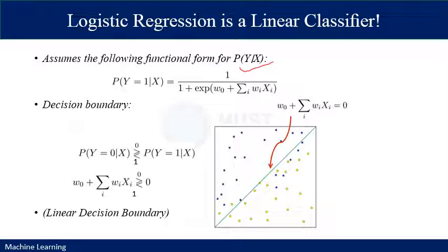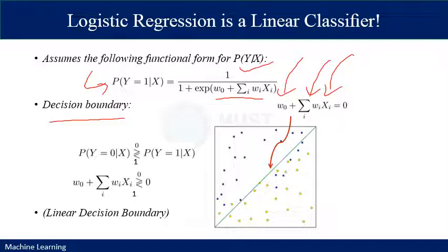For the positive class, p of y equals 1 given the input attribute is equal to 1 over 1 plus exponent of our linear model. Our linear model in this case is the decision boundary, specified as the bias term plus our weight matrix times the input feature matrix, equal to 0 on the decision surface.